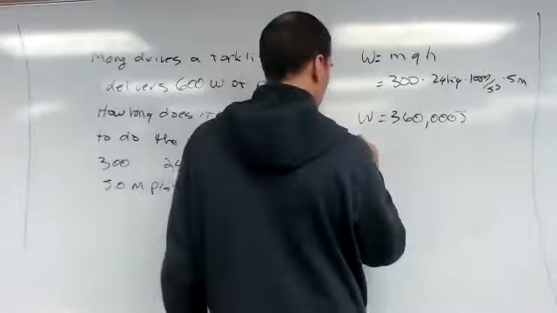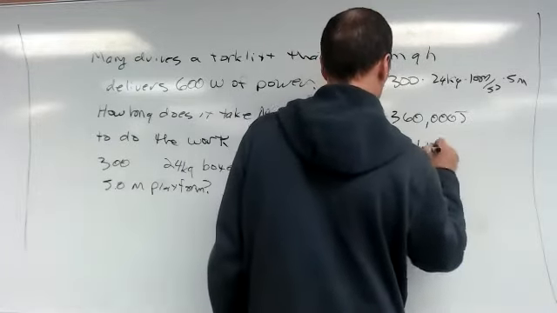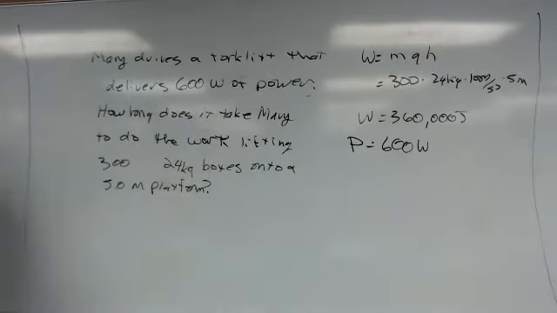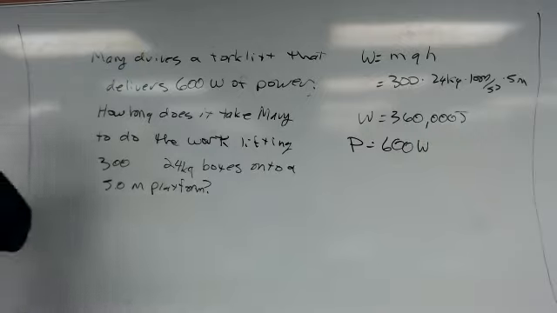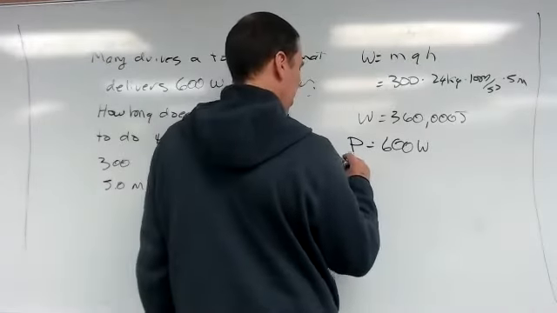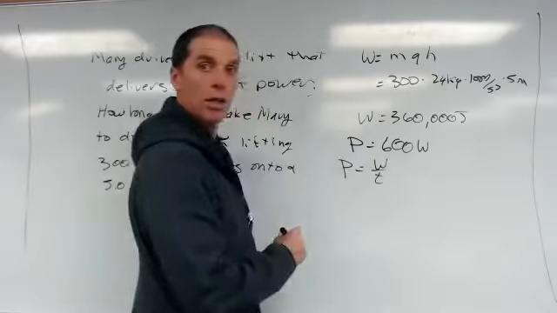And Mary's forklift delivers a power of 600 watts. So how do I calculate the amount of time? The power divided, or the watts divided. So power is work per time, right?